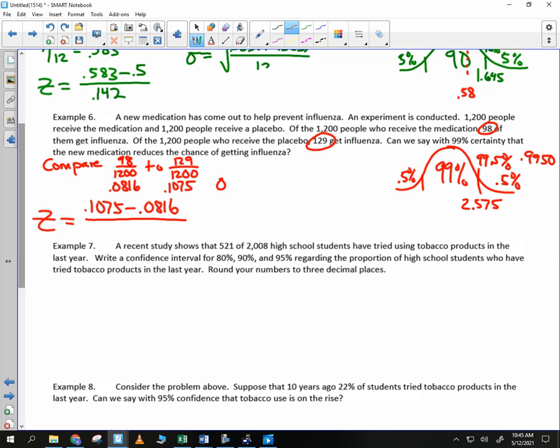Sigma is going to be equal to the square root of, this is the one we believe makes the difference, right? So 0.0816 times what? 1 minus 0.0816. And then how many people were surveyed that gave us the 0.0816? 1,200.